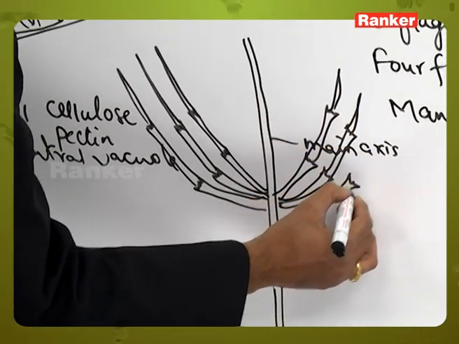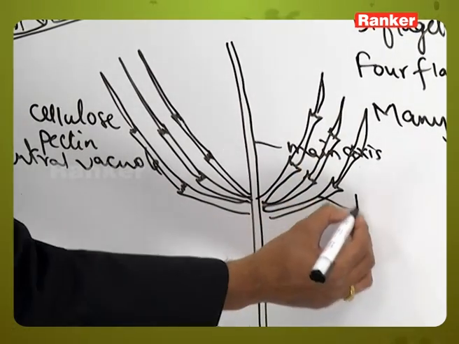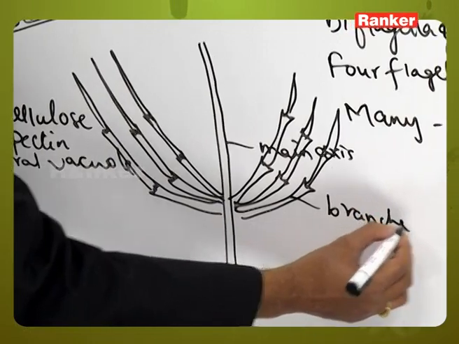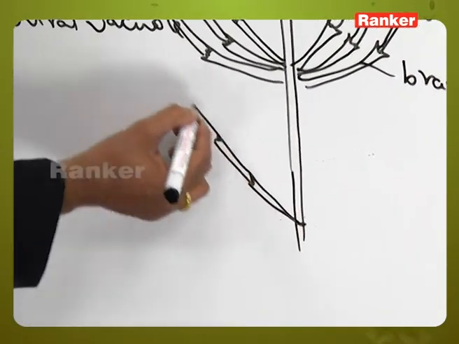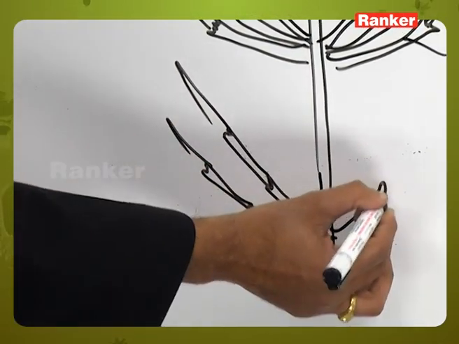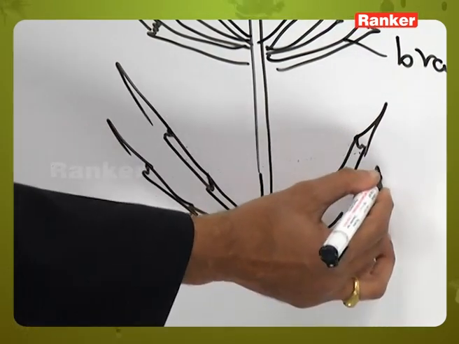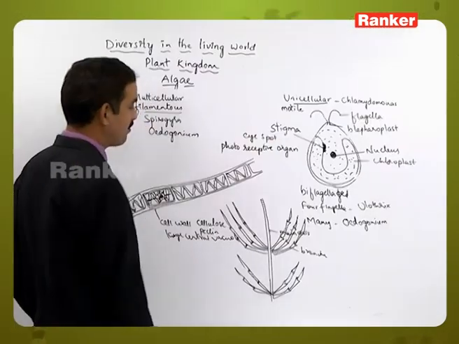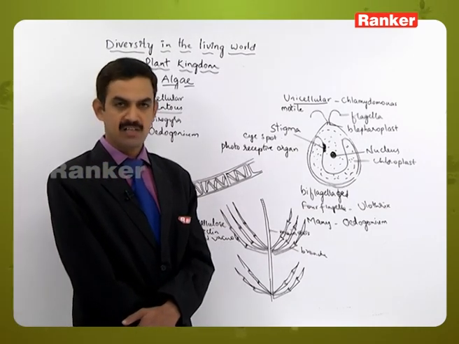The node like structure will be there, from which the branch like structures will be arising, and from this point once again branches will be forming. This type of organization can be seen in Chara, which is macroscopic in its nature.